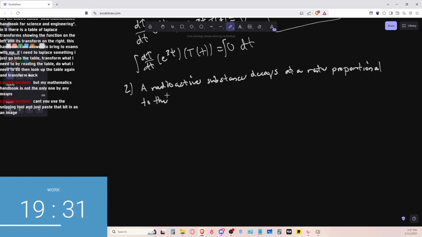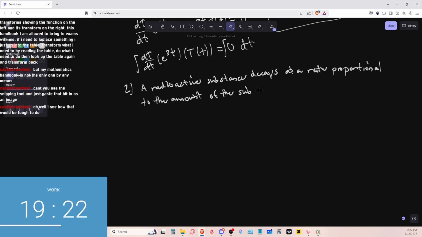A radioactive substance decays at a rate proportional to the amount of the substance present.